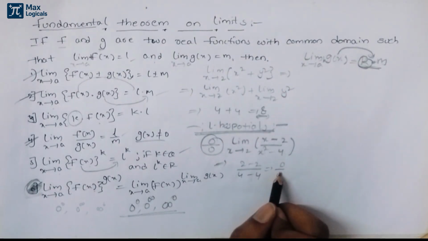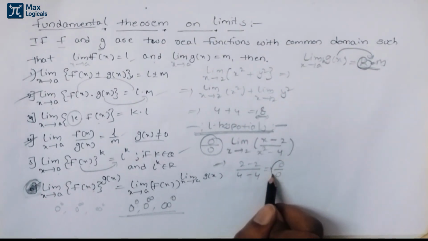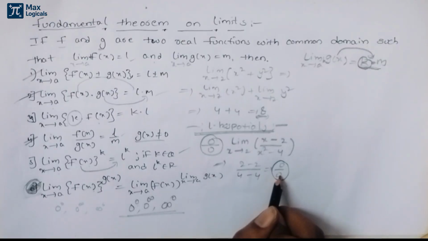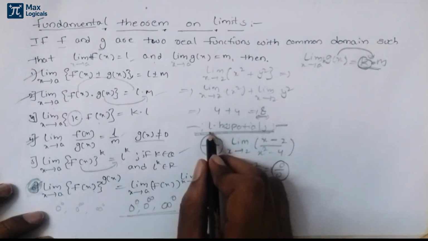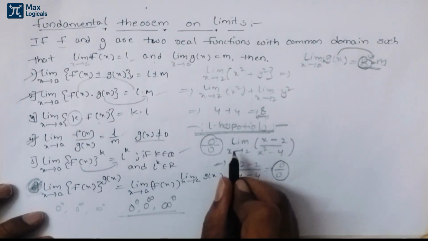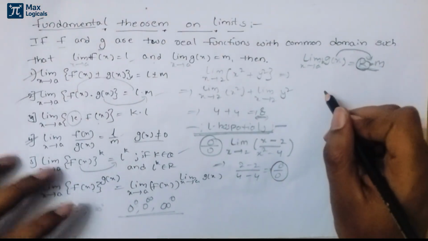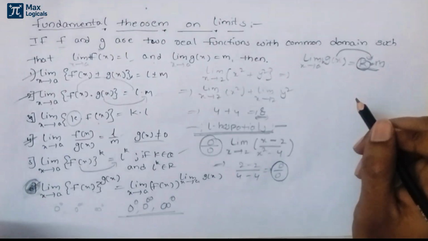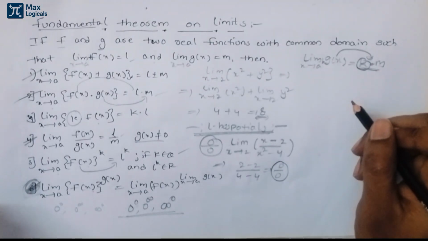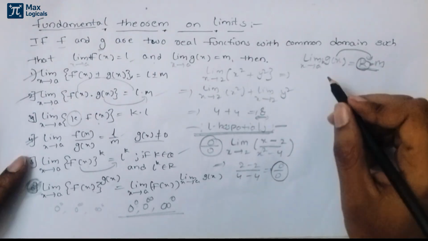In this form it is undefined, that means indeterminate form. Then we use L'Hospital's rule. Let us see how. First we do differentiation on the numerator and denominator separately.